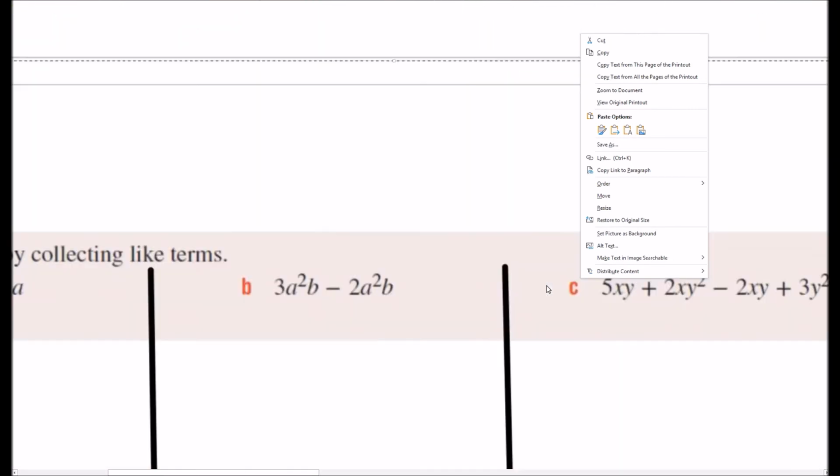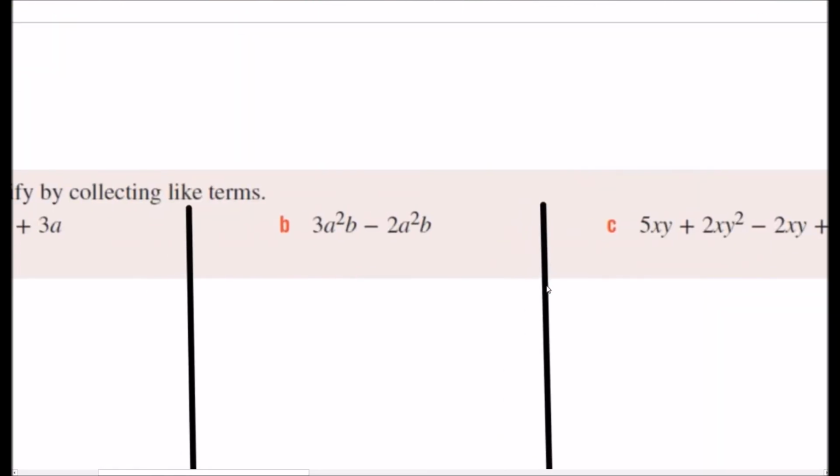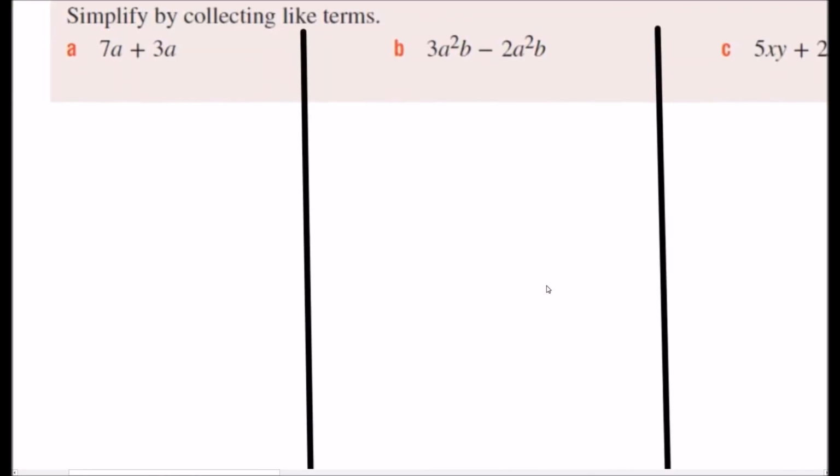Let's go through some actual examples that you'll probably use in the textbook when you do the questions. So simplifying by collecting the like terms. Remember, like terms refers to the letters and the indices of those letters being exactly the same. So 7a plus 3a, so 7 of the a's plus 3 of the a's will equal 10a.